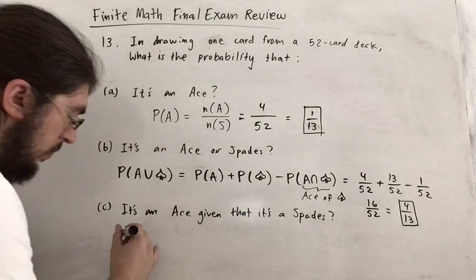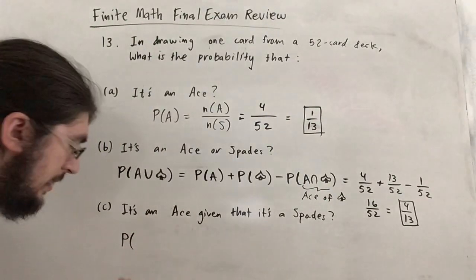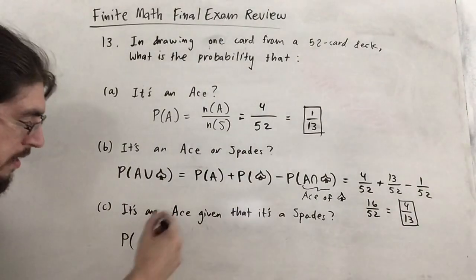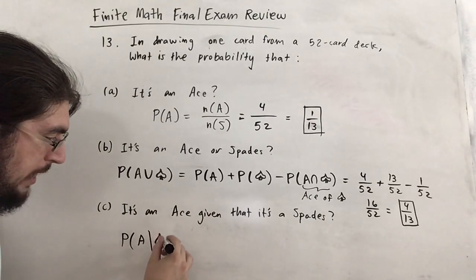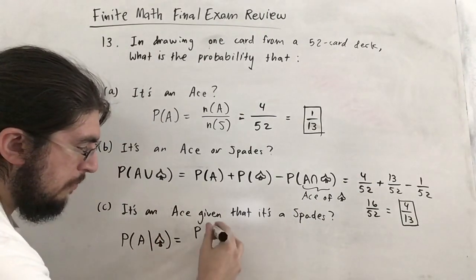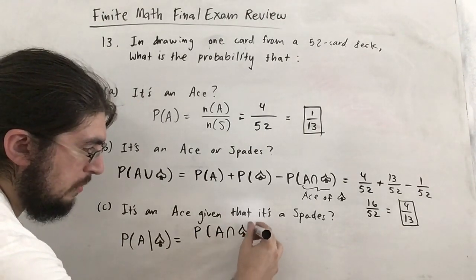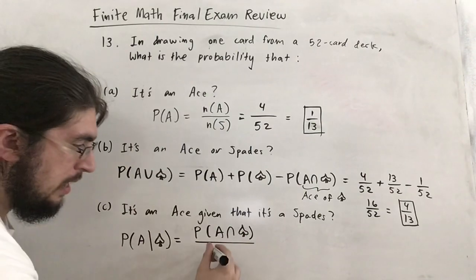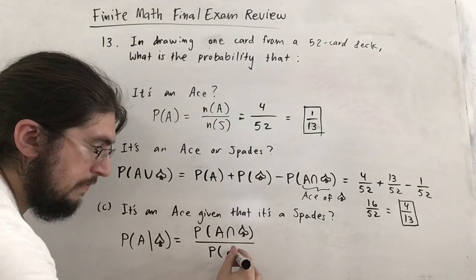But just so we abide by the probability formulas, let's see if that actually makes sense. So we want to find the probability that it's an ace given that it's a spade. And the formula we saw for conditional probabilities was the probability of A intersect spade, so this is the probability of it being an ace of spades, divided by the probability that it's, well, in the given set, spades.